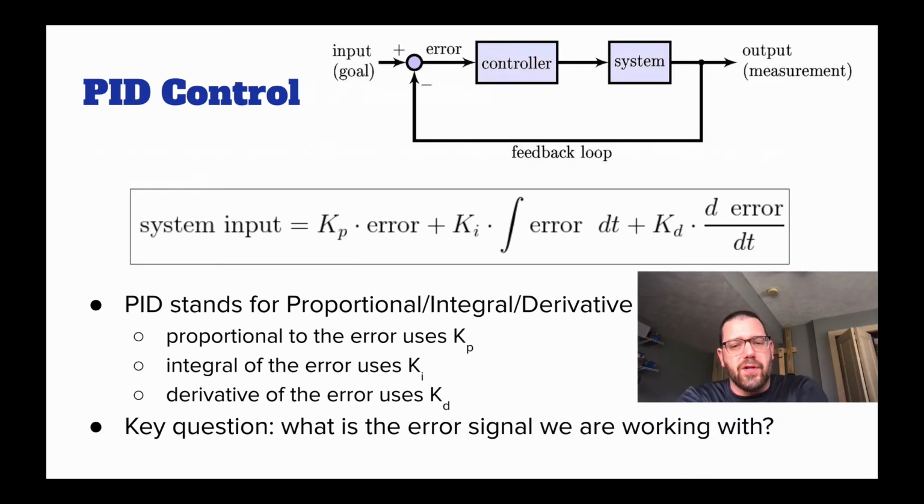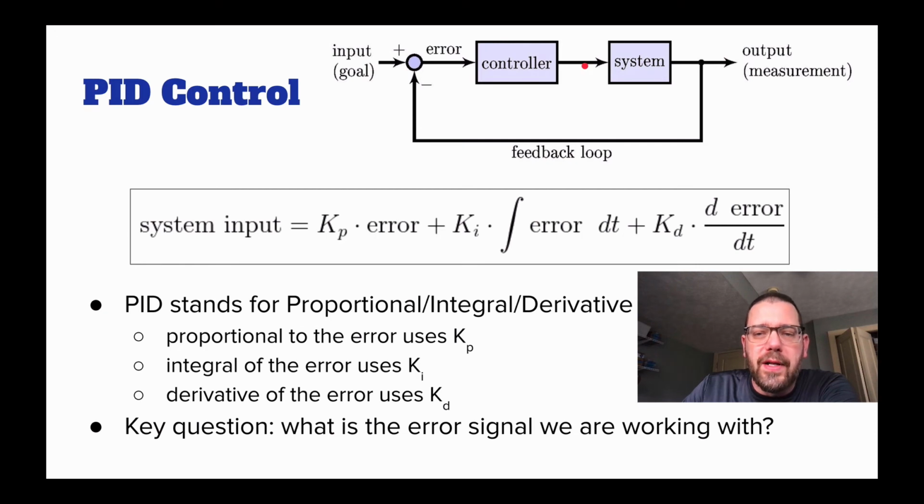So you may have heard the term PID control, which stands for proportional integral derivative control. But one thing that might not be obvious, this is my controller, my PID controller. The output of that is the voltage that's going to my motor or the turning signal that's going to my servo or whatever.